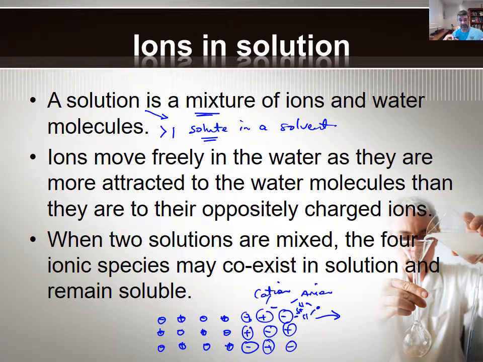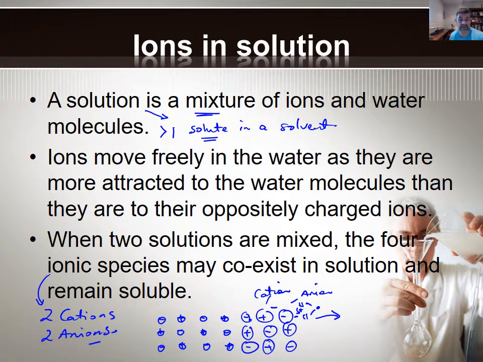When we have a solute dissolved in a solvent, we have all of those ions completely surrounded by water molecules. Now, if we mix two solutions together, so we create two of these with two different solutes and put them into the same container, then what we now have is effectively four ionic species, equivalent to two cations and two anions.